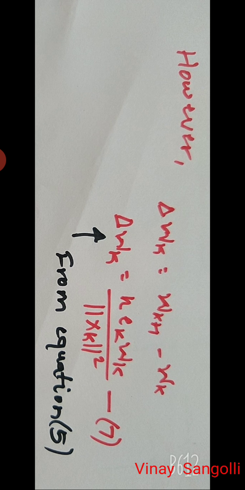What we will do is substitute our delta of E of k and delta of w of k, from equation number 6 and equation number 7. So we substitute the values of delta of w of k from equation number 7, and the next from equation number 6.